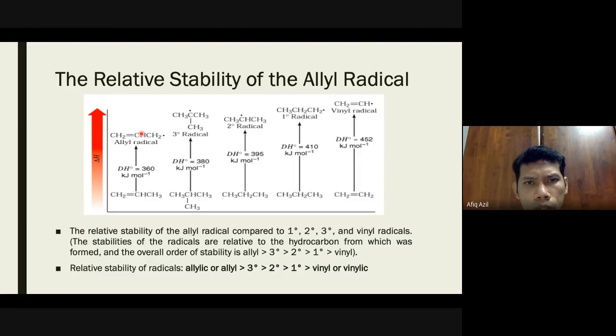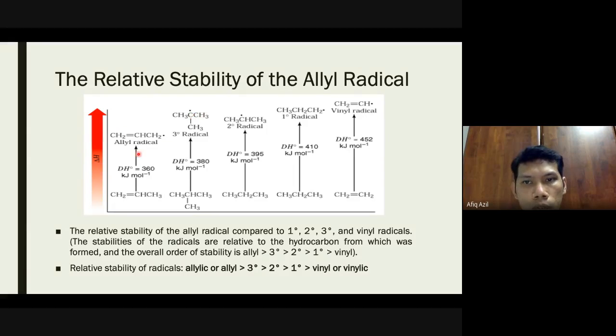In terms of this stability, as you can see, the delta H here is 360, and then it slowly increases, based on this trend. So it shows that when you have an allyl radical, it makes the whole structure more stable.